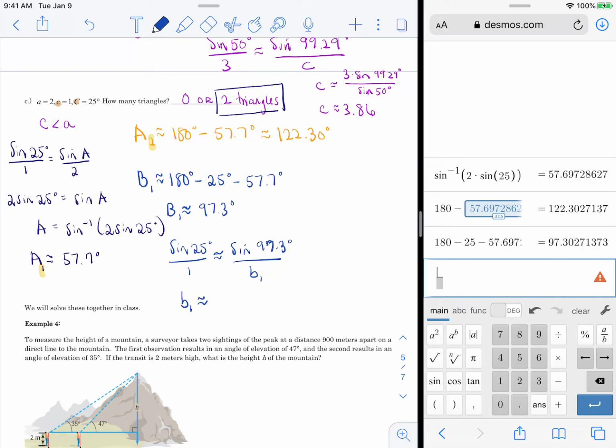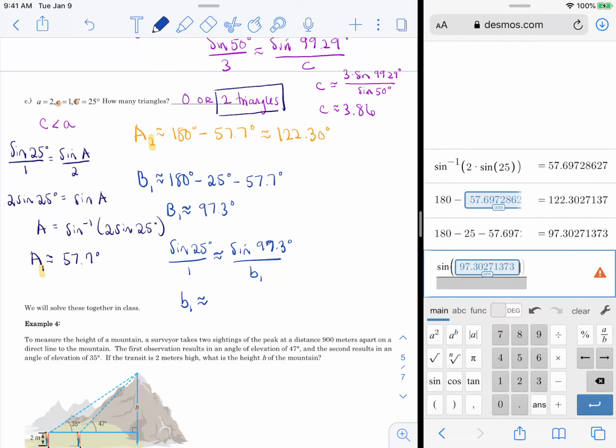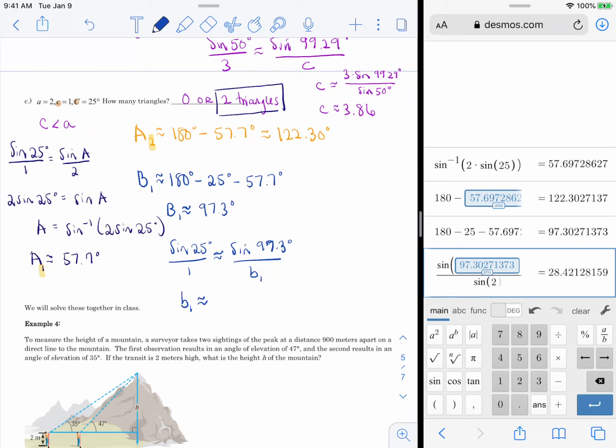Divide sine of my answer, close, times 1, divided by sine of 25 degrees. So I get 2.35. So let's see, we have a sub 1, b sub 1, little b sub 1. I'm done with my first triangle.